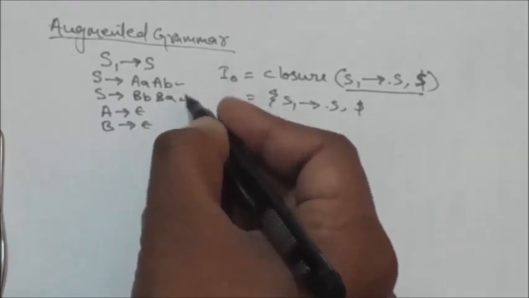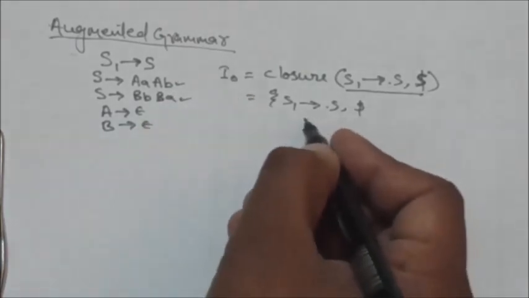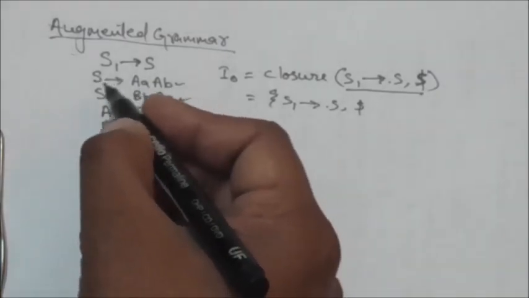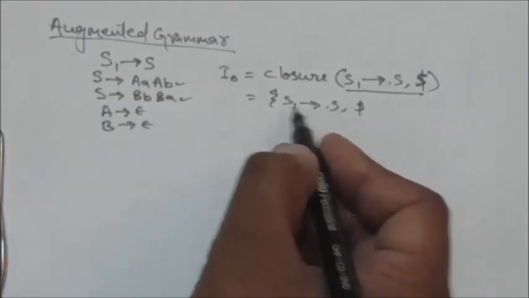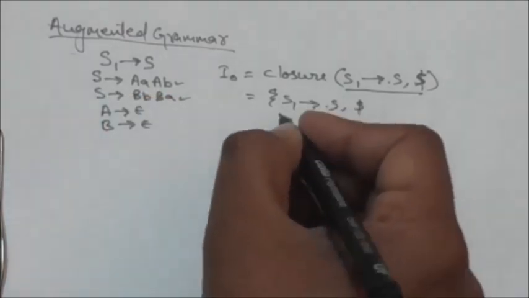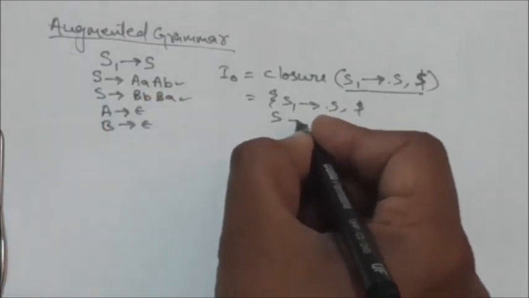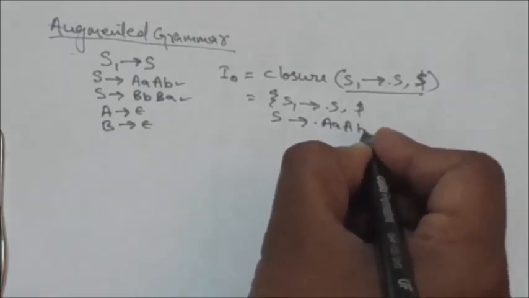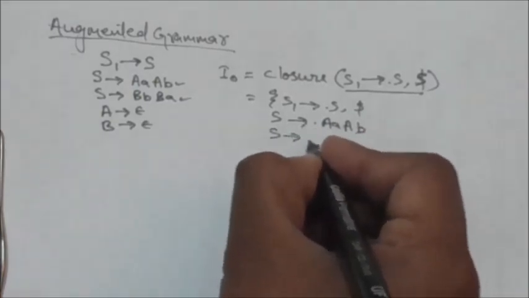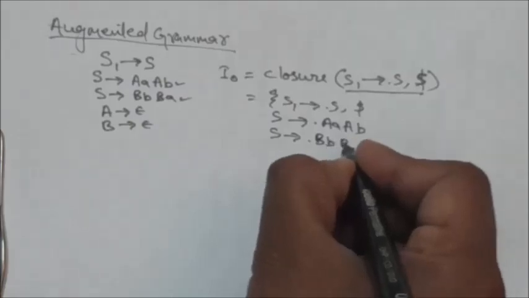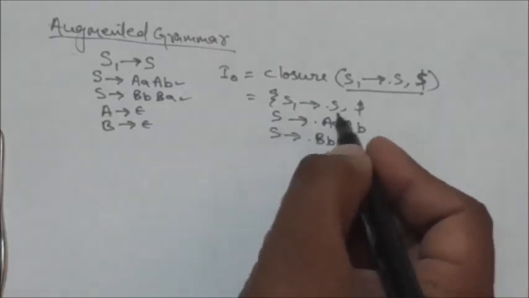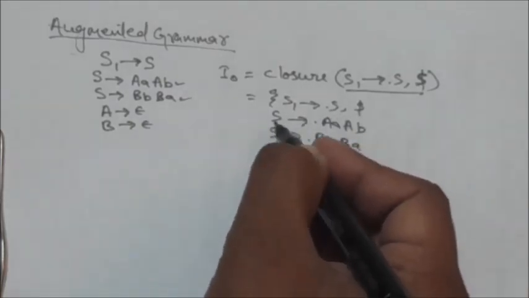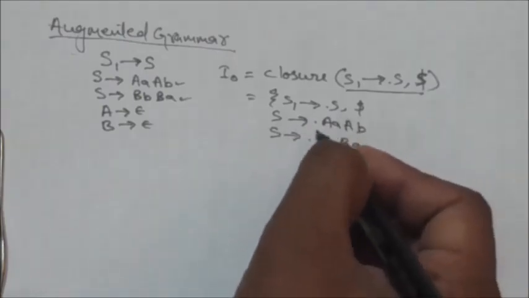So corresponding to these production rules we will add items in the closure, because in these production rules you can see that this non-terminal symbol S is at left. So we will add these items as S derives dot AB and S derives dot BA. Right, so here you can see that this non-terminal S is at left and at right the dot is at leftmost position.